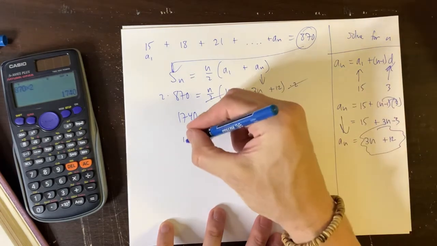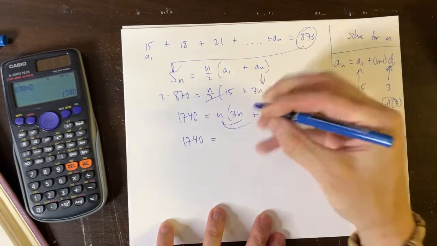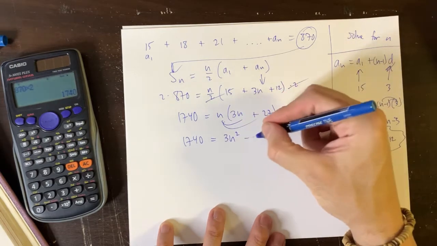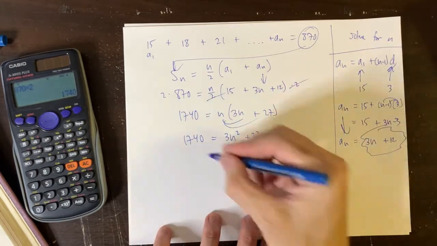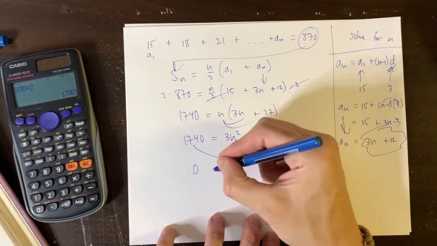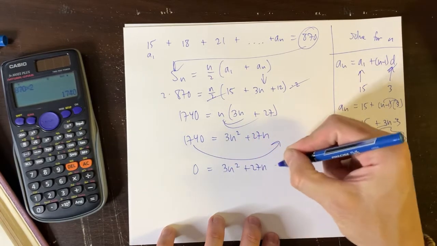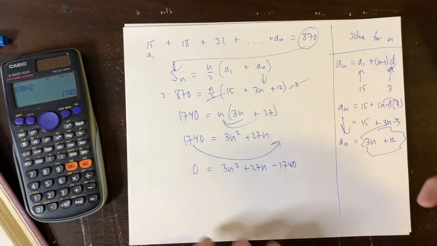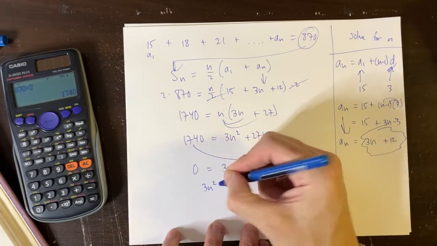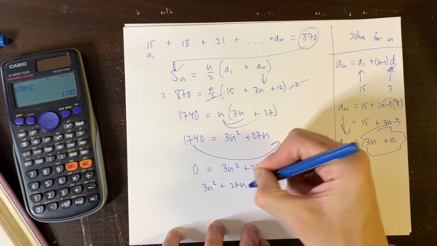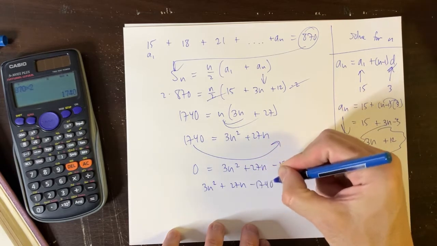Why don't we distribute? So that's 1740 equals this here. Why don't we actually move this number to this side? So that 0 would equal 3n squared plus 27n minus 1740. So we have 3n squared plus 27n minus 1740 equals 0.